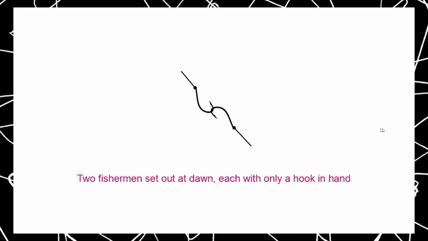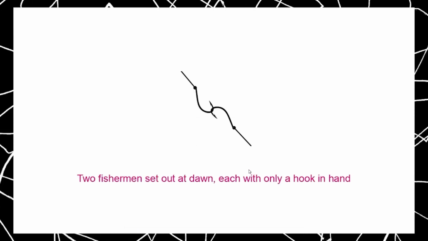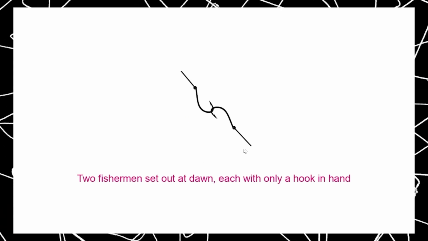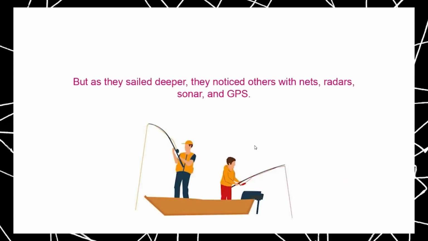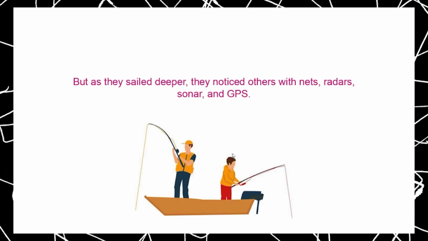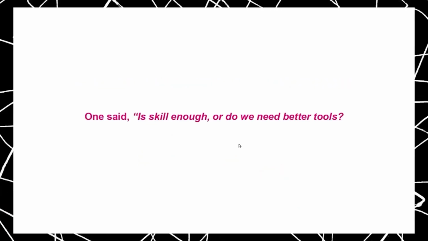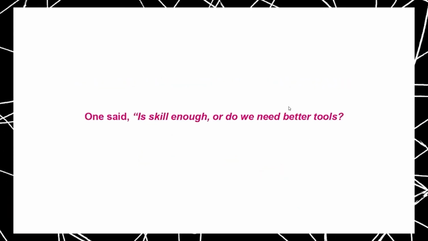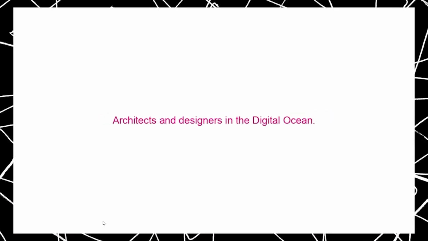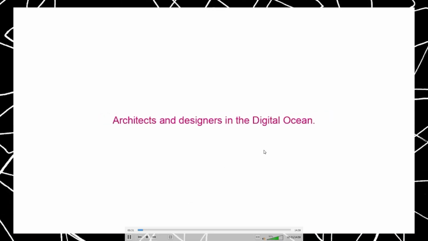The story starts like a fisherman who is going fishing in the sea. He is going to catch fish, and he's going with just a hook. After going out, what he has is only the hook in his hand.